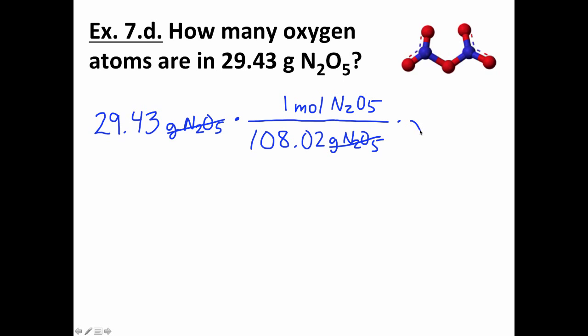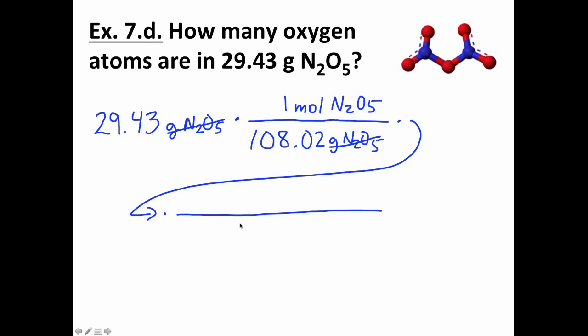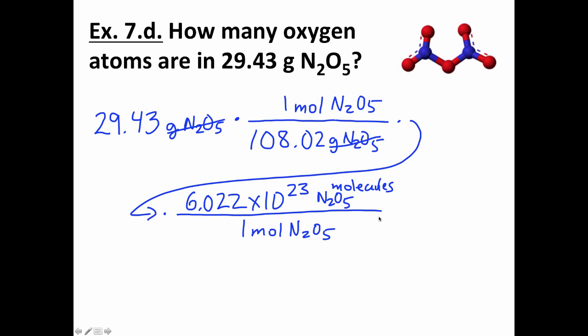And then we're going to need to string some conversions together here. So the next one is we know that each 1 mole of N₂O5 contains 6.022 times 10 to the 23rd N₂O5 molecules, and that converts moles of N₂O5 into molecules of N₂O5.